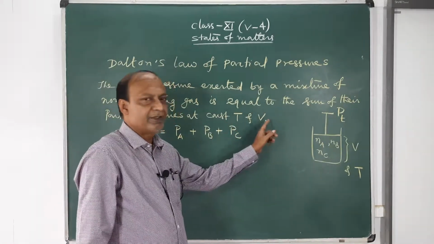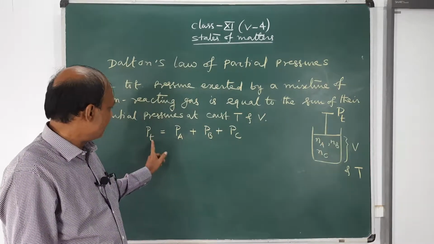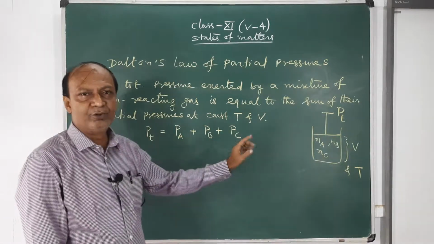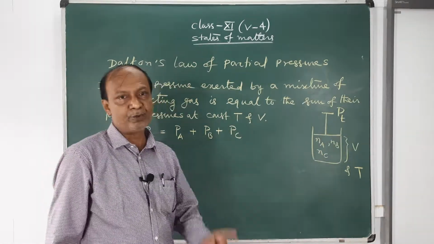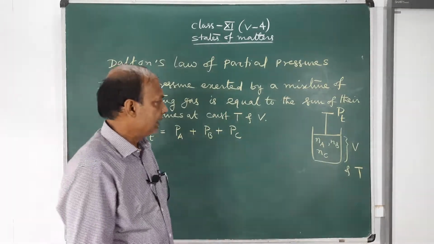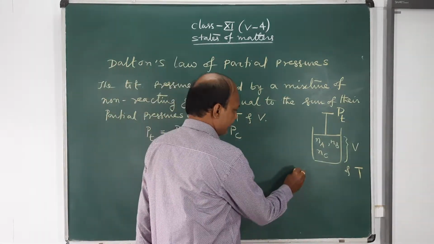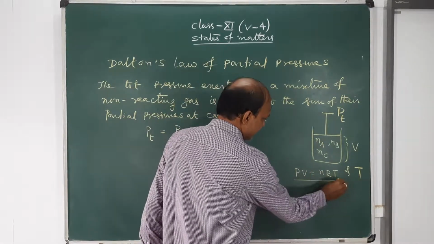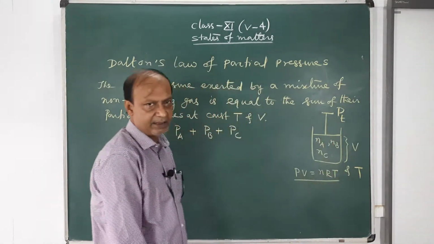At a given temperature and constant volume, the total pressure is equal to the sum of the individual pressures. These individual pressures are known as partial pressures. Now, you can apply the ideal gas equation PV equals nRT to these three gases.